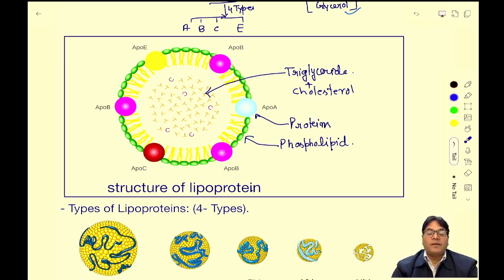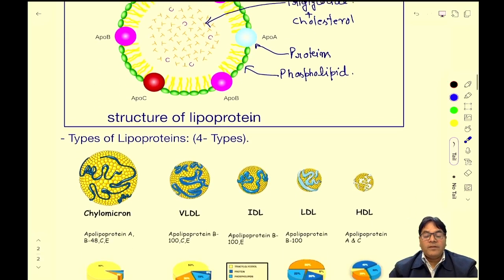The proteins are of different types, like ApoB, ApoE, ApoA, etc. So this is the common structure in which the central core is formed by the triglycerides and cholesterol or cholesterol esters, while the covering is formed by the apoproteins and phospholipids.